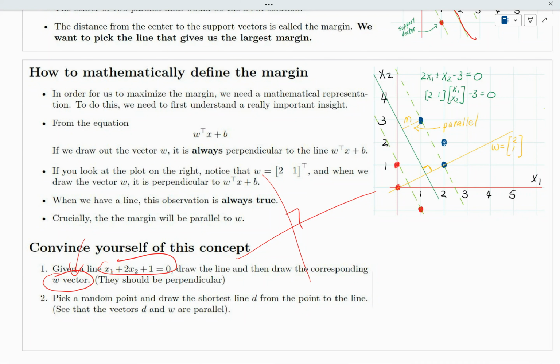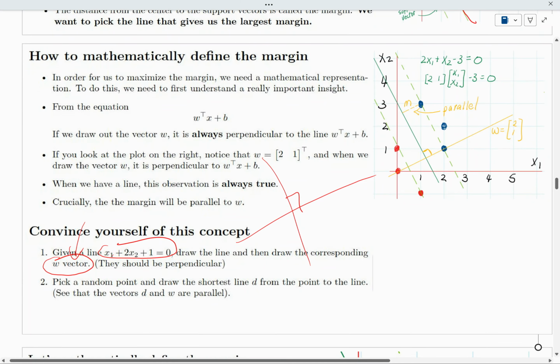Now, if you pick any random point and draw the shortest line, d, from the point to the line, then you will see that this line d will be parallel to W. Okay, one more time.